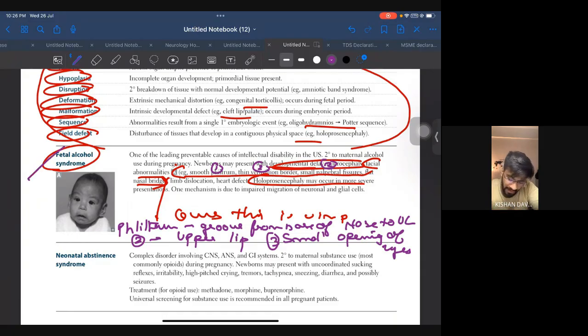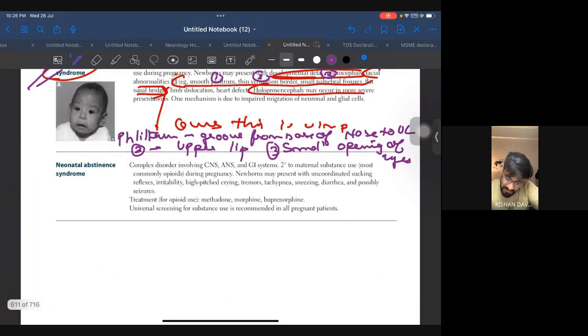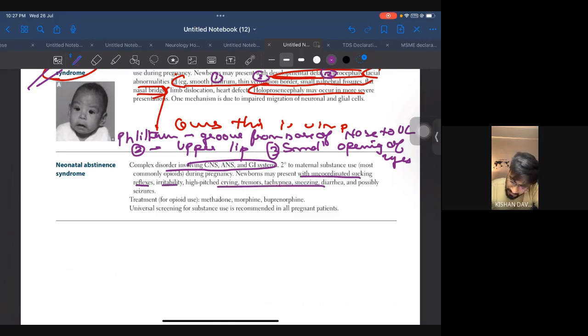Many questions have been asked and these symptoms are given. Neonatal abstinence syndrome is a complex disorder involving the CNS, ANS, and GI system. The newborn may present with uncoordinated sucking reflex, irritability, all those things. So universal screening for substance use.